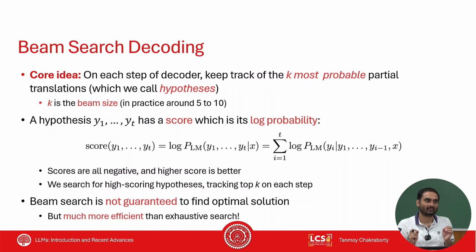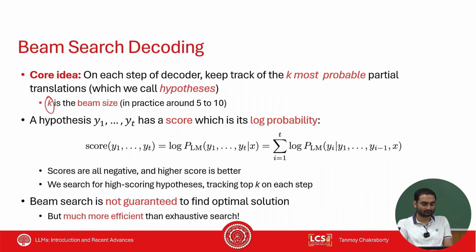Only difference is that instead of keeping track of V possible options, I will only keep track of K possible options, where K is the size of the beam. It means that instead of generating only one token as we did for greedy decoding, or V tokens as we did for exhaustive search, I will generate K tokens. K can be 5 or 10, whatever you set the value of K.